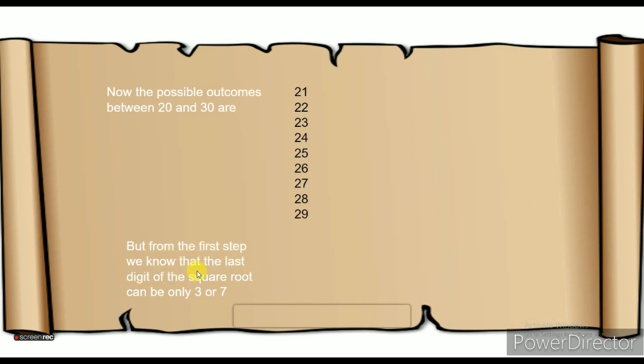But from the first step, we know that the last digit of the square root can be only 3 or 7. So, we will strike out all the numbers except the two ending with 3 or 7.